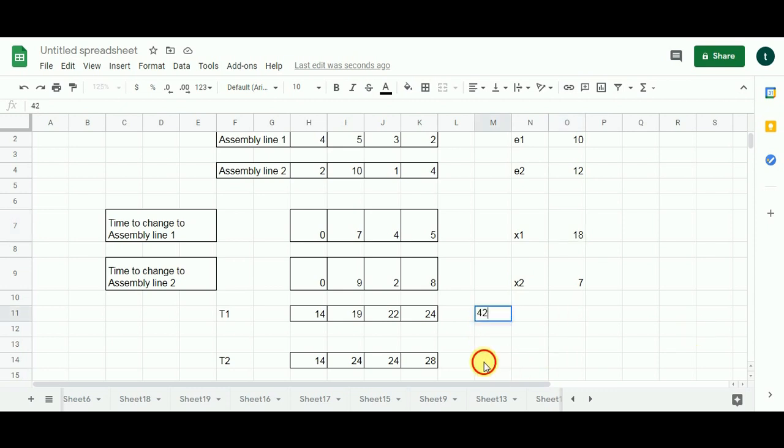Alright, now the chassis has moved out of assembly line 1. So suppose if it is at assembly line 2, then the total time taken will be 28 plus 7. So it will be 35. Now we are going to take the minimum value out of these two. So what is the minimum value? It is 35. So 35 becomes our answer.